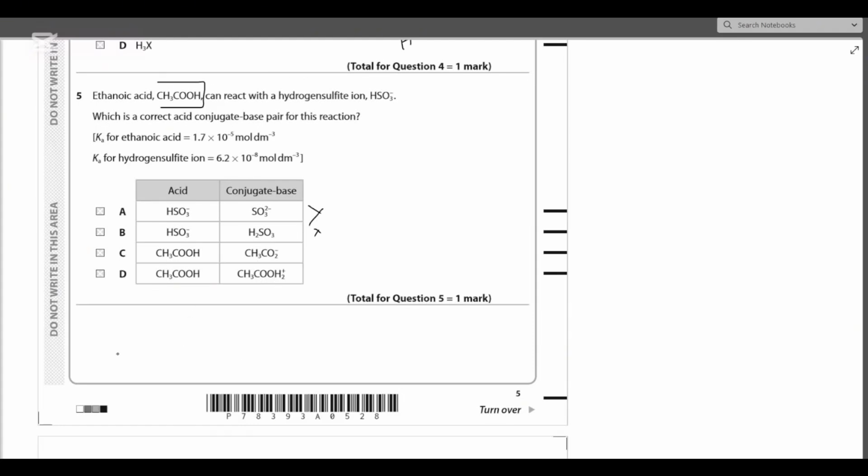When CH3COOH reacts, the H plus happens to dissociate. For example, it happens to be something like this: CH3COO minus plus H plus.